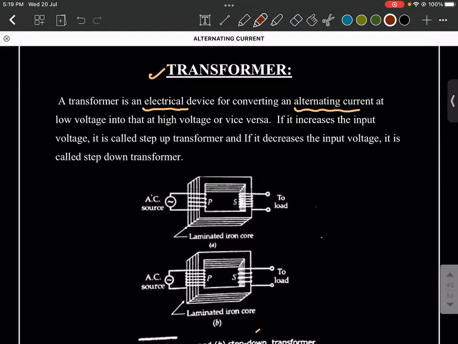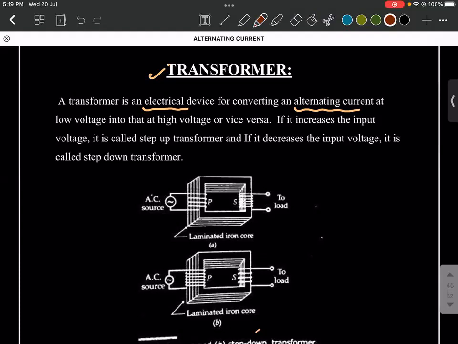So compared to the input voltage, if the output voltage is higher, I repeat, compared to the input voltage, if the output voltage is higher, that kind of transformer is called a step-up transformer. So if a transformer is able to increase the input voltage, it is called a step-up transformer.